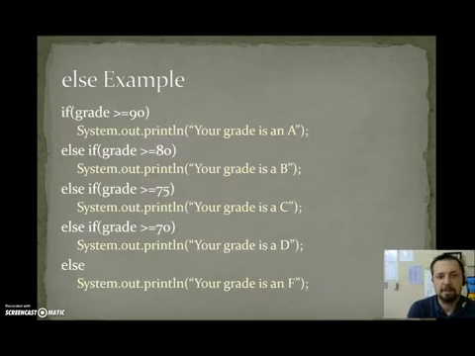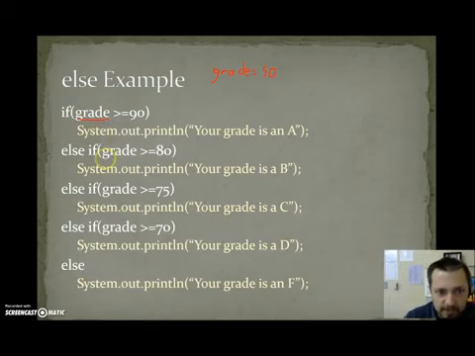So we're going to look at that same example. And here we're going to say grade equals 50. So, is 50 bigger than 90? No. So we have to check the next thing. Is 50 bigger than 80? No. So we have to check the next thing. Is 50 bigger than or equal to 75? No. Is 50 bigger than or equal to 70?